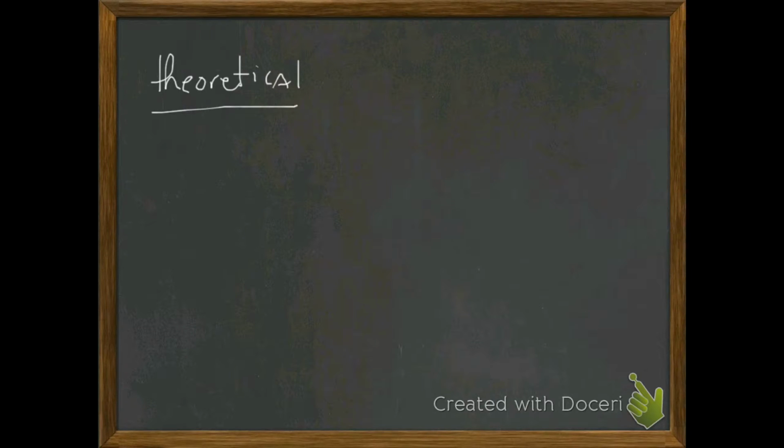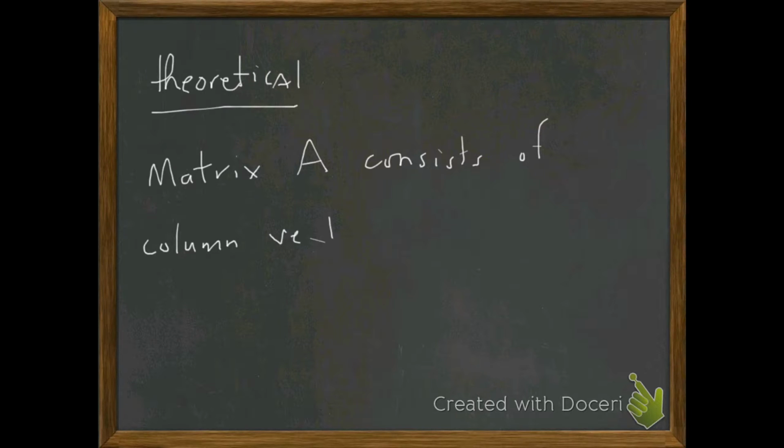So let's say that we have a matrix A which consists of column vectors C1, C2, C3 up to Cn.